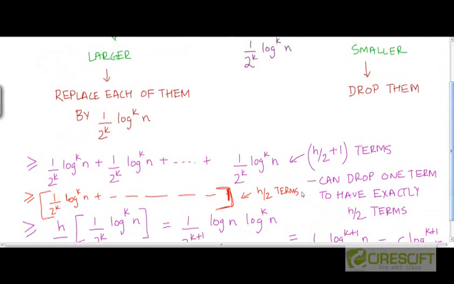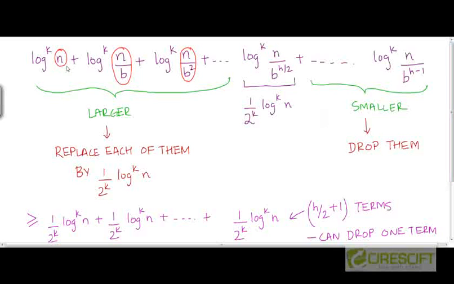So this whole series was greater than or equal to h by 2 times the value of the middle term, which was 1 by 2 to the power k times log to the power k of n. And all these terms now have identical values as the middle term because of the reduction in their arguments.